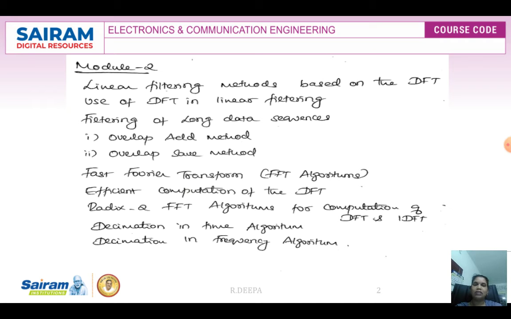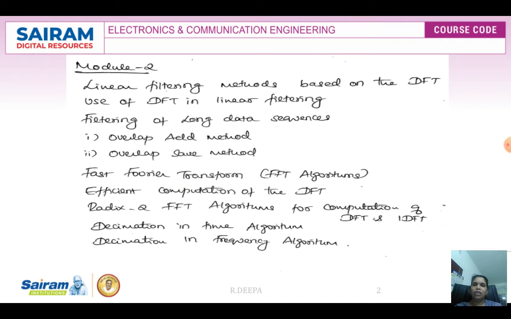If that is the case, the direct linear convolution formula cannot be used. So we can go with these two filtering methods, which are also used to find the linear convolution between those two data sets. Such methods are the overlap add method and overlap save method.